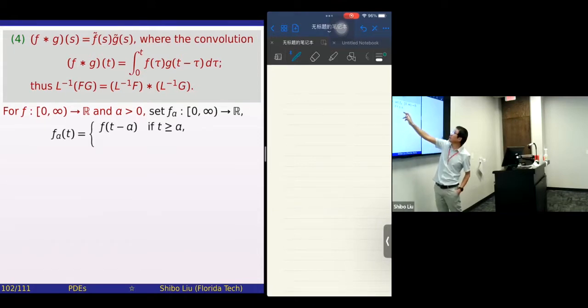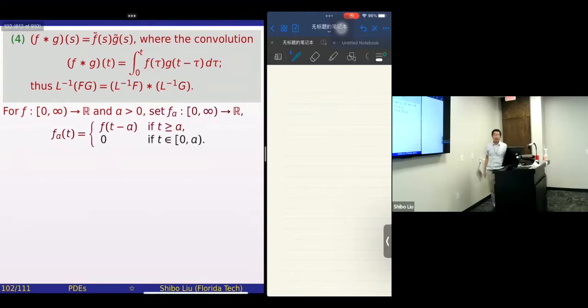Because t is not less than a, t minus a is always non-negative, so the value of f at t minus a makes sense. But because our f_a is supposed to be defined for all non-negative numbers, what happens if t is greater than 0 but less than a? Simply 0. This is the definition of our f_a.